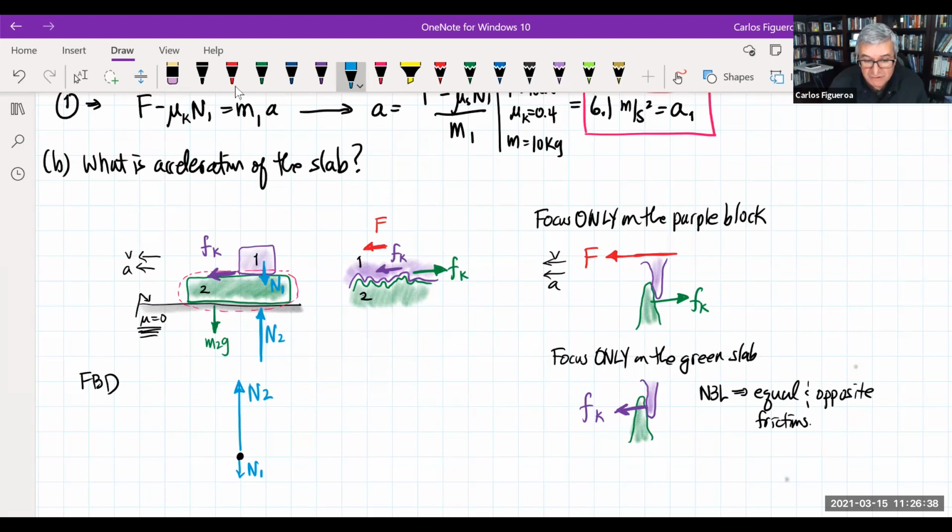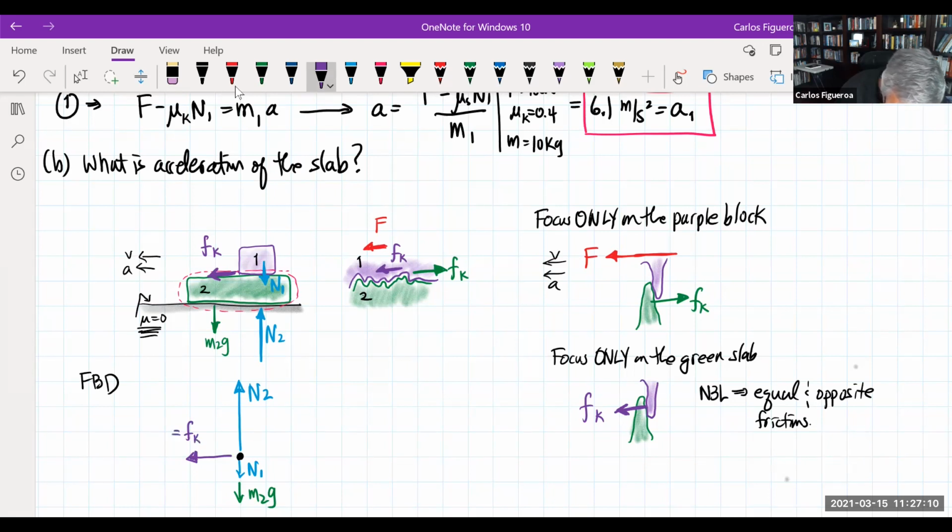Gravity is not in contact with it. The force of gravity on block 1 plays no part on block 2. But the force of gravity does play a role on the slab.